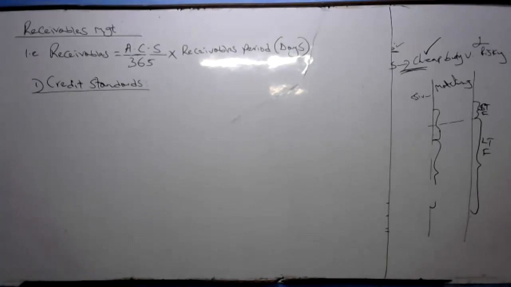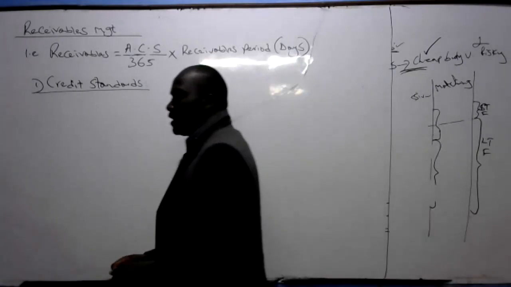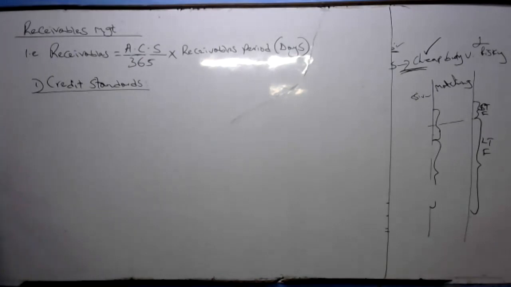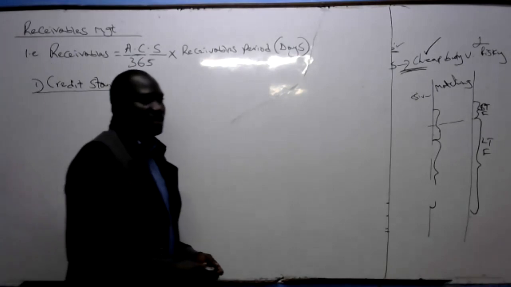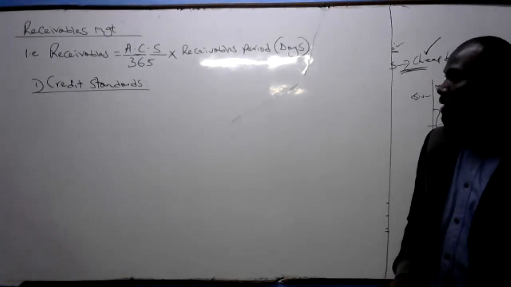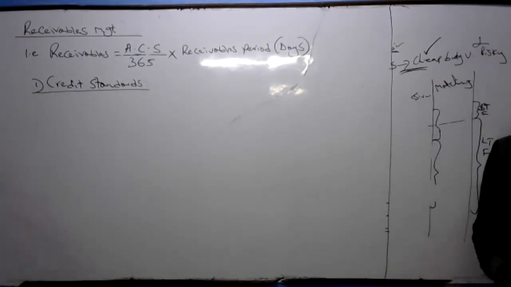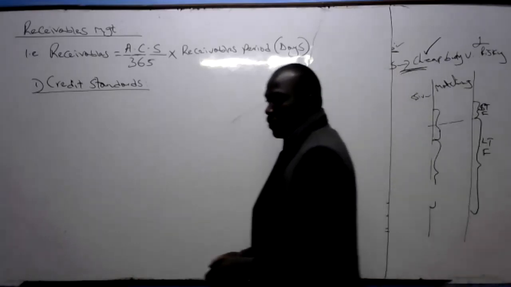When the standards are too strict, credit sales, bad debt losses, and level of debtors will be too low.